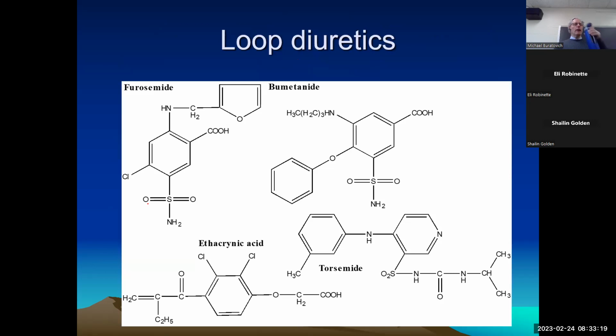So here are your loop diuretics. So furosemide, this is a drug that goes by the trade name Lasix. The reason it's called Lasix, that's S-I-X.